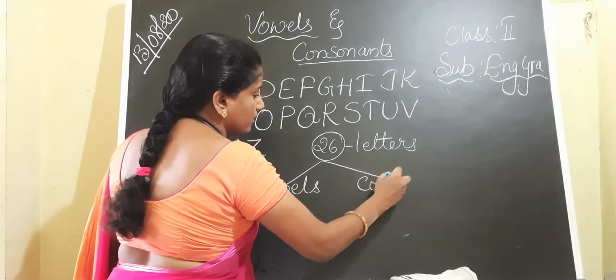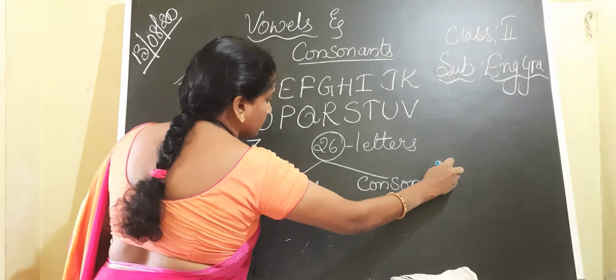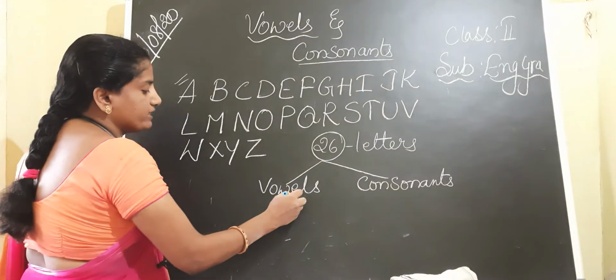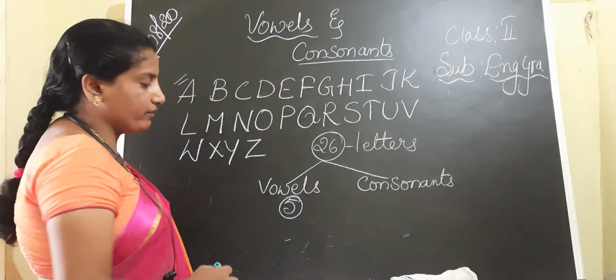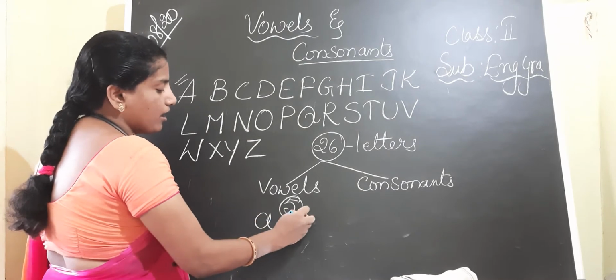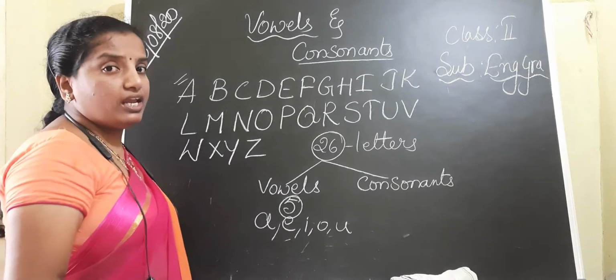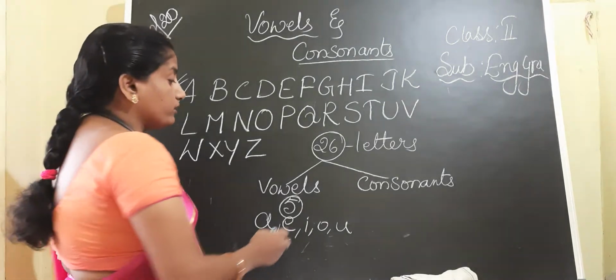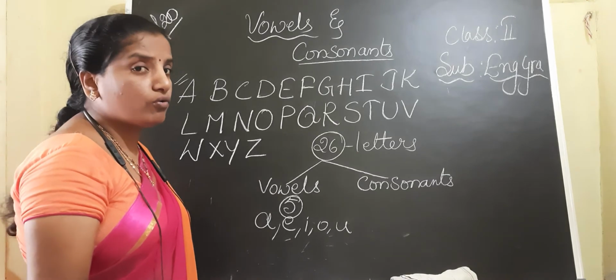Second one, consonants. Now if you observe, there are 5 vowels in the English language. How many vowels are there? 5. What are they? A, E, I, O, U. These are known as vowels.